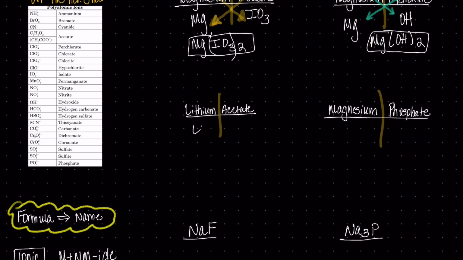All right, lithium has a chemical symbol of Li. And acetate has a couple different forms. Acetate's condensed form is C2H3O2. Or if you decide to use the expanded one, CH3COO.